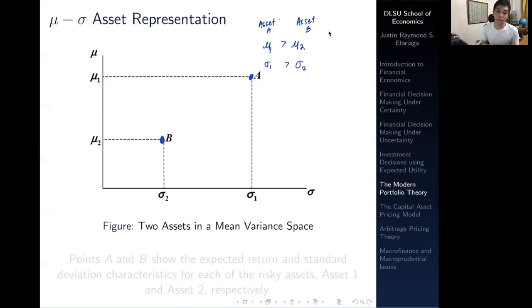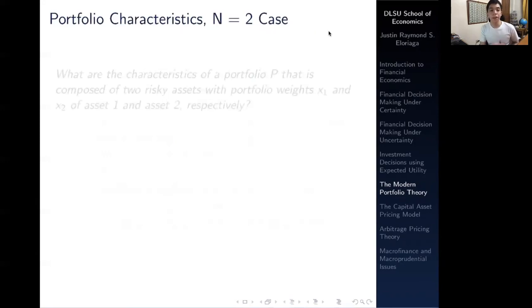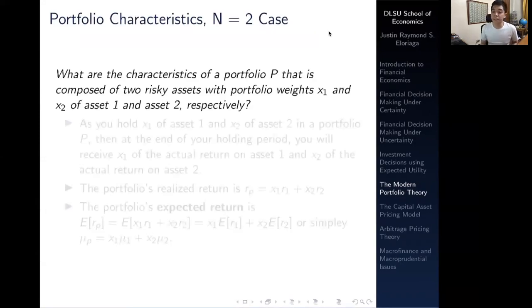Essentially, that scenario. And points A and B show the expected return and standard deviation characteristics of the risky assets A and B, respectively, or 1 and 2. So, what are the characteristics of a portfolio composed of two risky assets with portfolio weights X1 and X2 of asset 1 and 2, respectively?